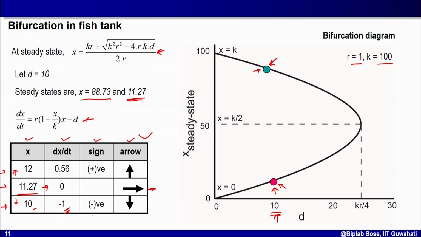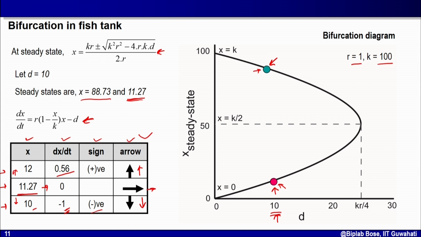So the sign of the derivative is negative. That means my arrow will be pointing down. I have taken the slightly higher value, 12. Again, using the same ODE, I put x as 12 and take r equal to 1, k equal to 100, d equal to 10. I get 0.56 and the sign is positive. That means the arrow will be pointing up.